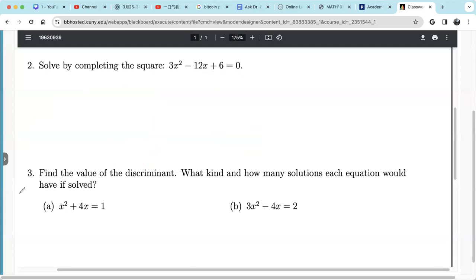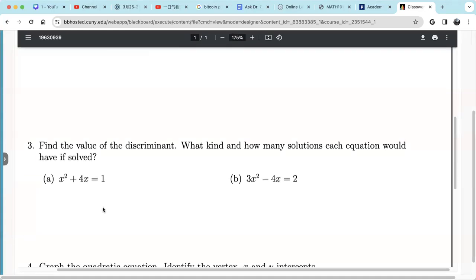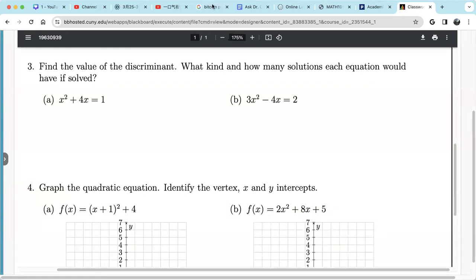That's 2. Let's see 3. In 3, we're focusing on the discriminant. Remember the discriminant is b squared minus 4ac.